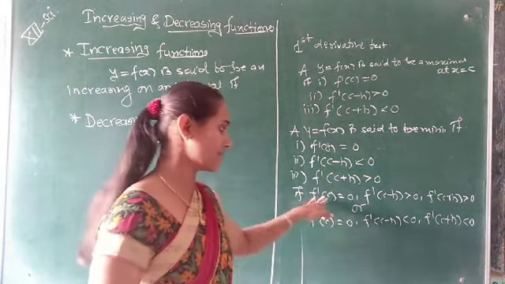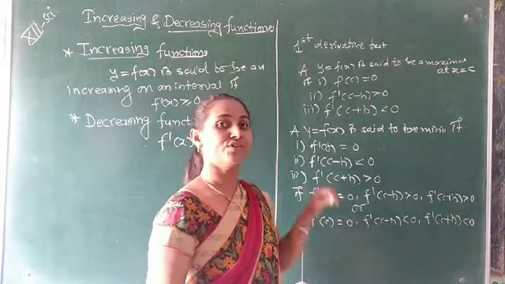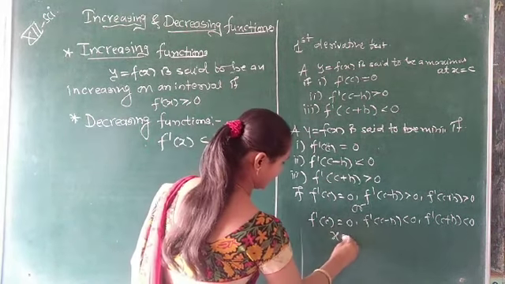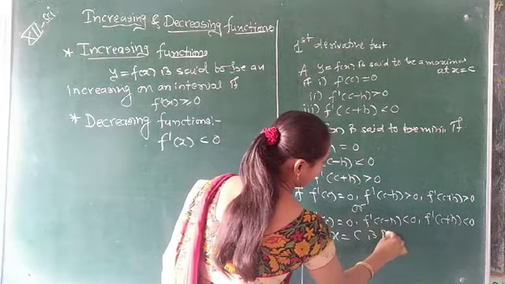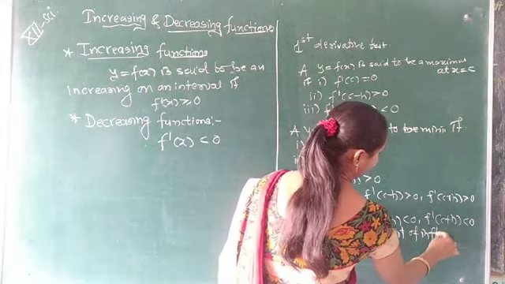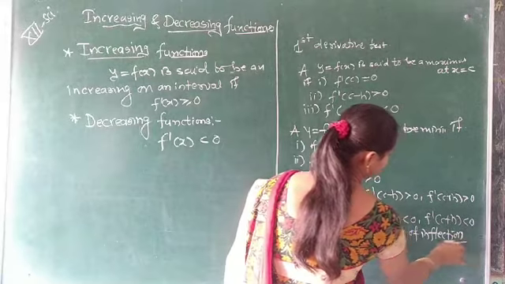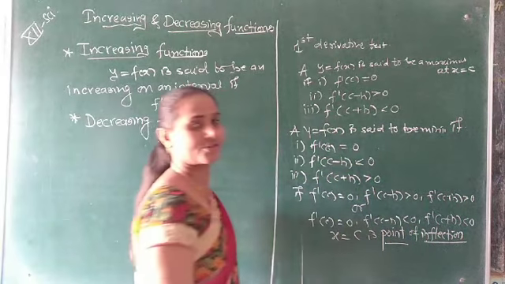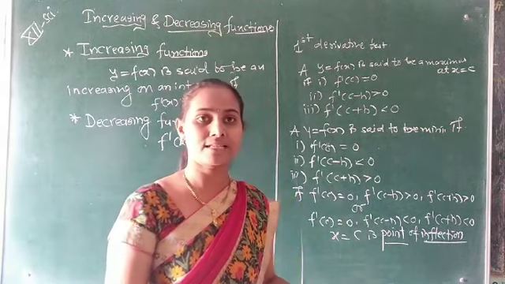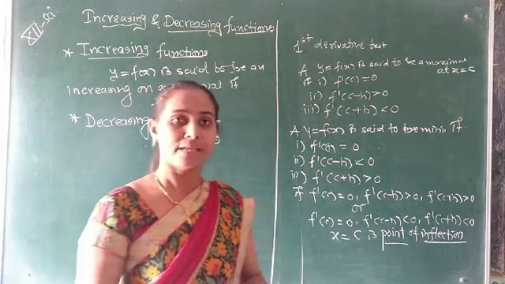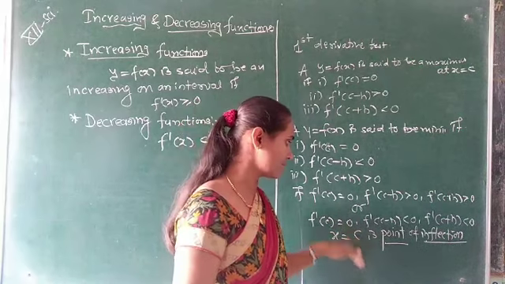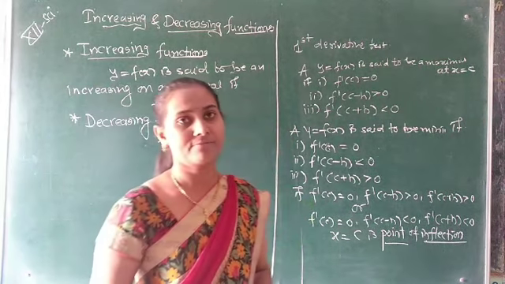If the function satisfies these conditions, then the first derivative test fails and the point x is equal to c is called a point of inflection. The point c is called a point of inflection if it does not satisfy the condition of local maximum or local minimum.